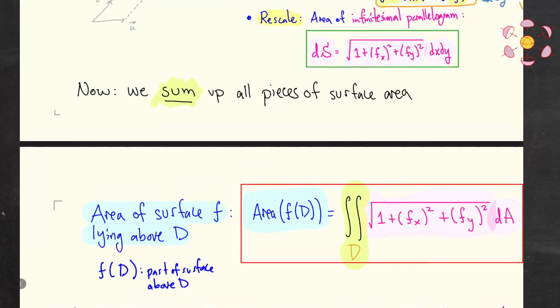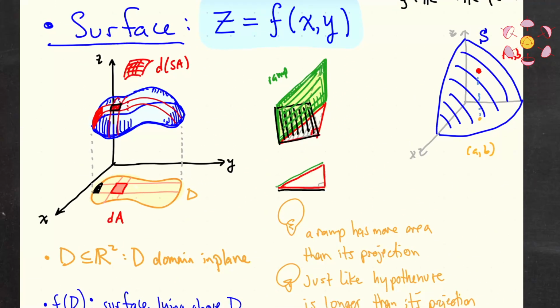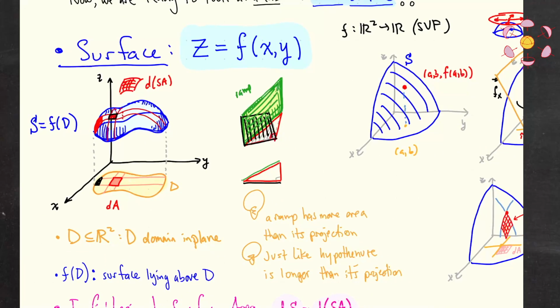So this fD notation is kind of basically the same thing as visualizing this surface here. Okay, cool. So there's our formula for today.